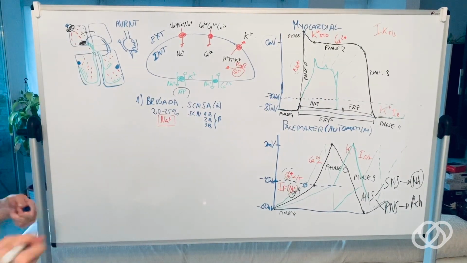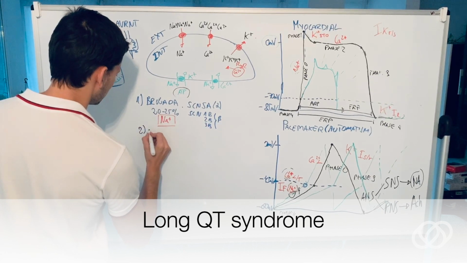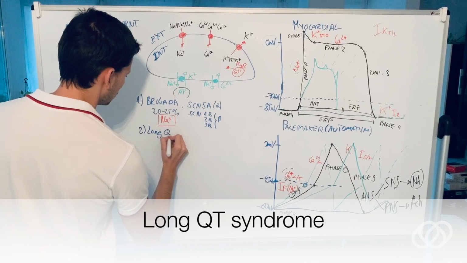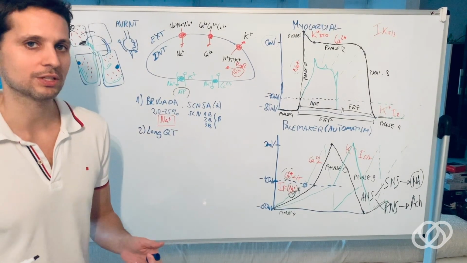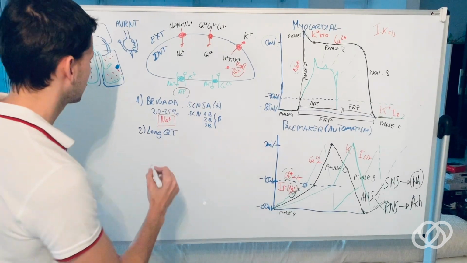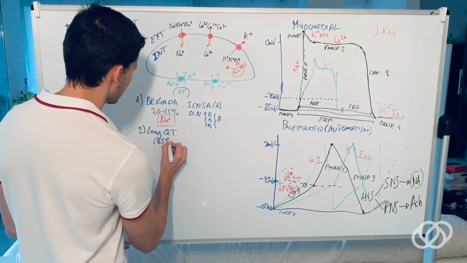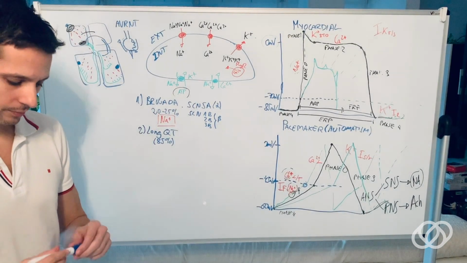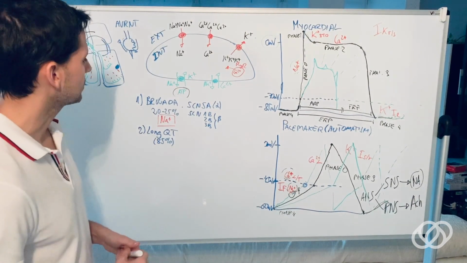The next syndrome is the long QT syndrome. Here, the genetic diagnostic yield is higher. Fortunately, in up to 85% of the patients we are going to be able to identify a mutation in the genes.